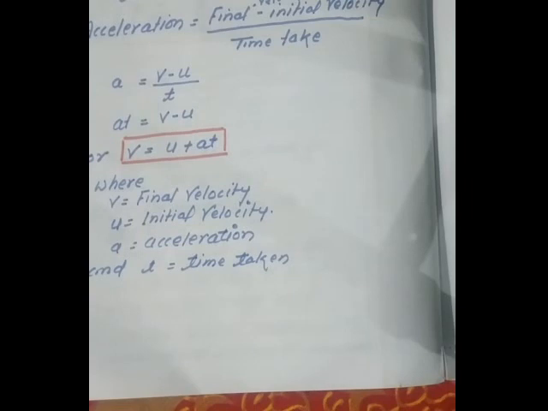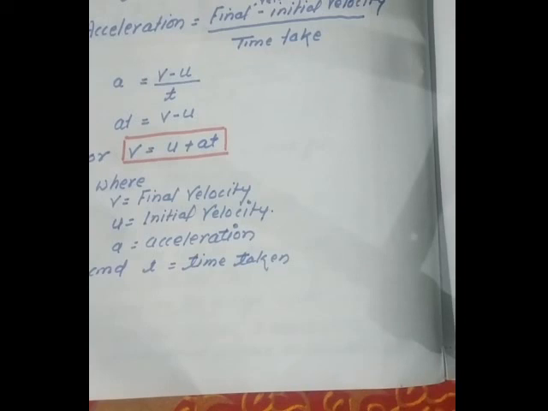Suppose the question says we have to find out the final velocity, and they give us three quantities: initial velocity, acceleration and time. In that case, you can implement the formula v equals u plus at. If they have given us final velocity, acceleration and time, and we have to find out the initial velocity, in that case again you can use this formula.